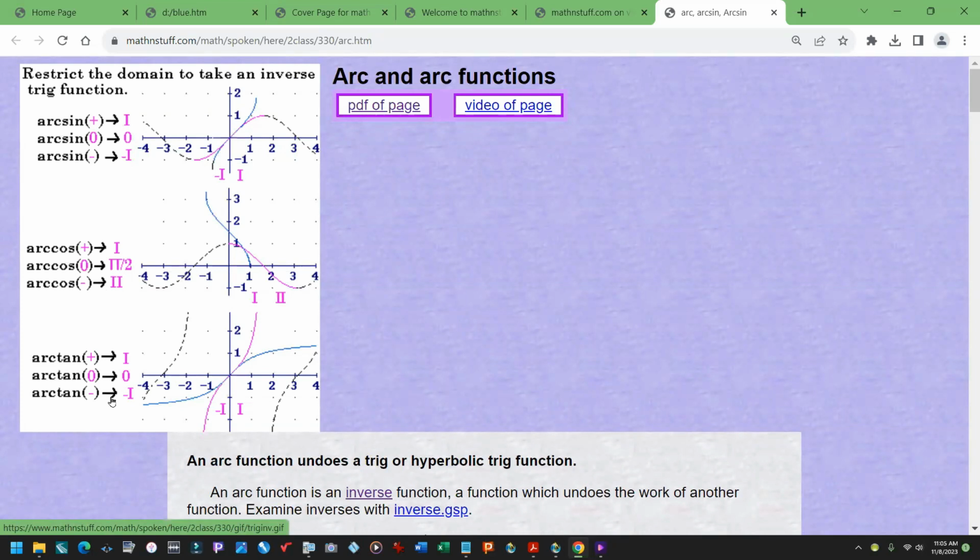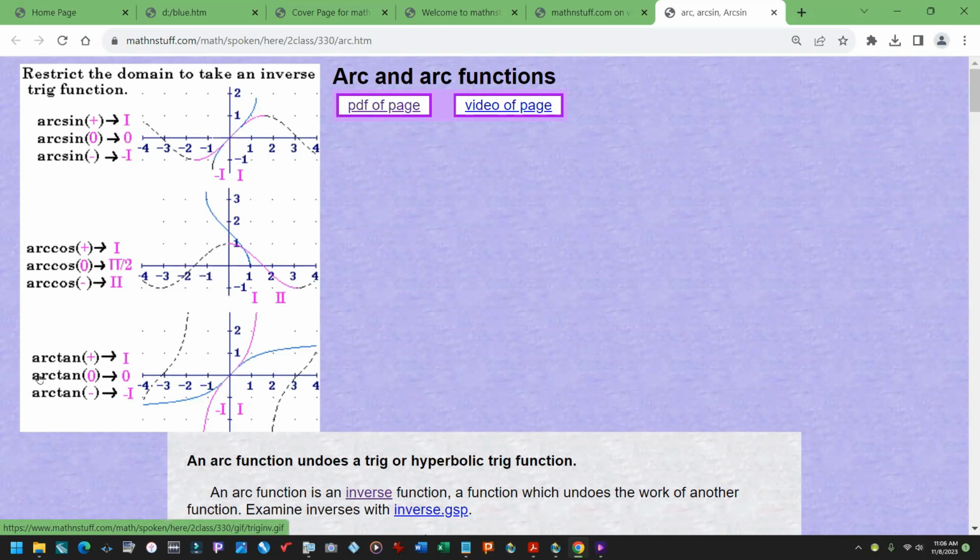The reason I'm going to the tangent is because the sine is an odd function. The tangent is an odd function. So if I want the angle whose tangent is a positive, I want to get a first quadrant answer.